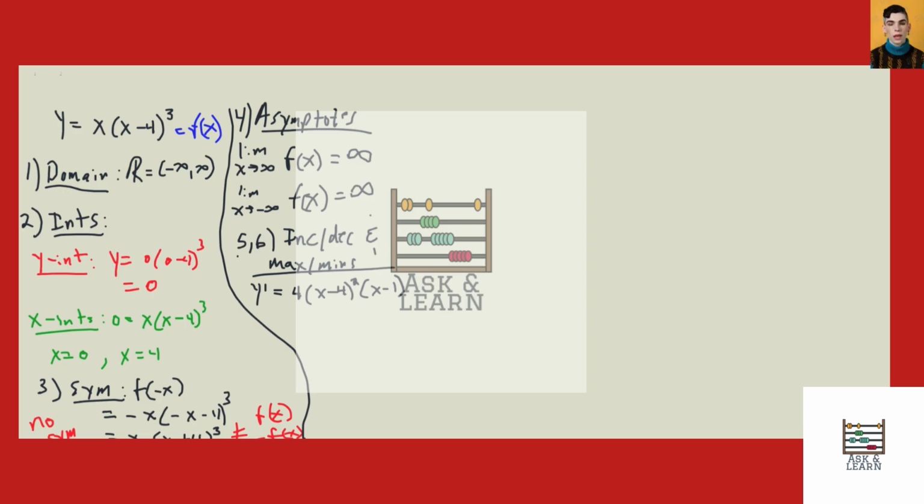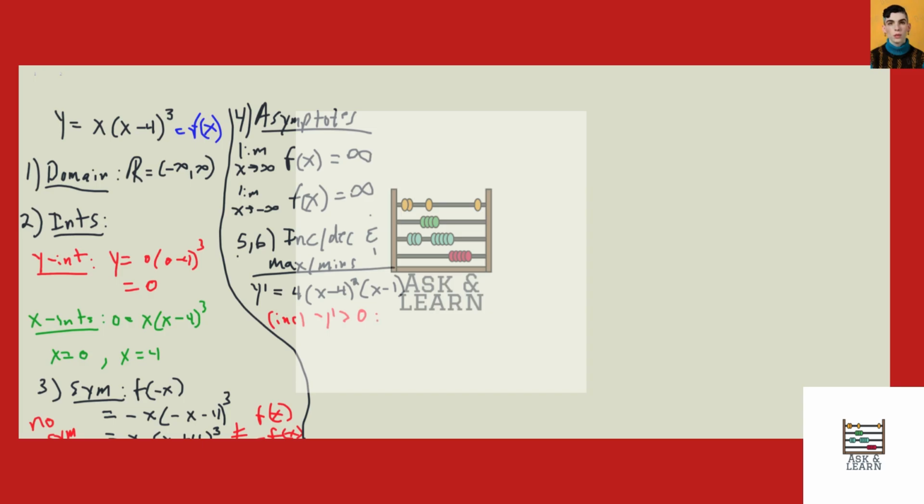And what we want to do to figure out where it's increasing or decreasing is figure out where y prime is strictly larger than 0 and strictly less than 0. So for increasing, we want y prime to be strictly greater than 0. And just to save us some time, I went ahead and did this earlier, because otherwise it would make the video a little bit too long.